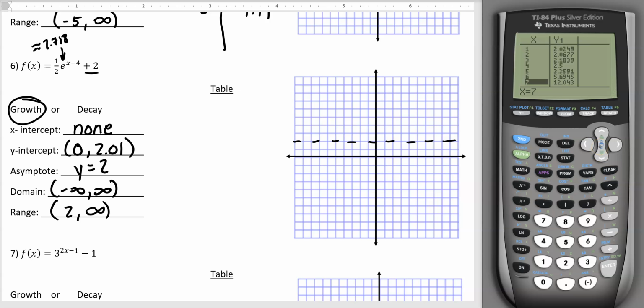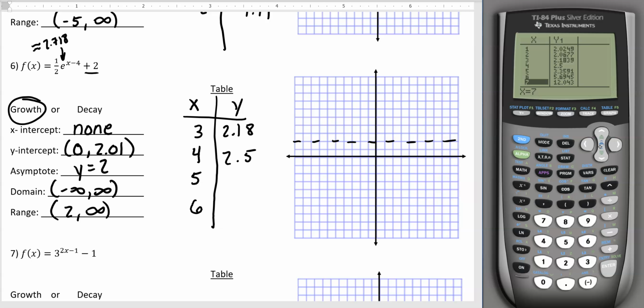I think that'd be pretty good. Now, they don't have to be consecutive. I think it's best if they are, because that allows you to really be precise on the growth or decay that occurs. So I'll say 2.18, 4 is 2.5, 5 is 3.36, 6 is 5.69.